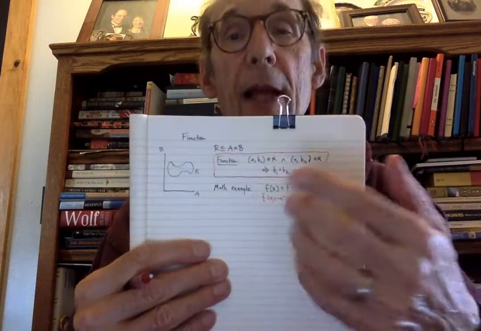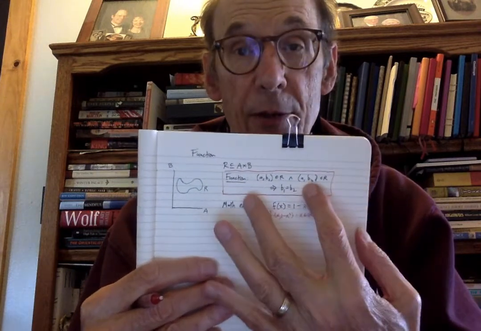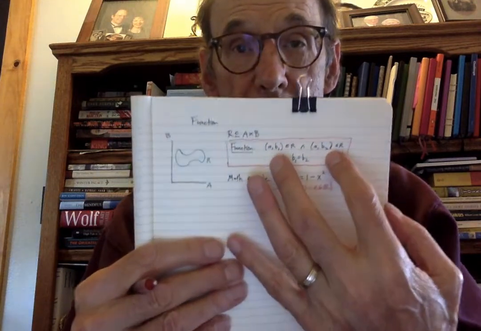And so that's what this says here. For a particular x, you don't have any ambiguity. You get the same thing. And that's what happens with these functions as they're used in math. And so there's the situation.